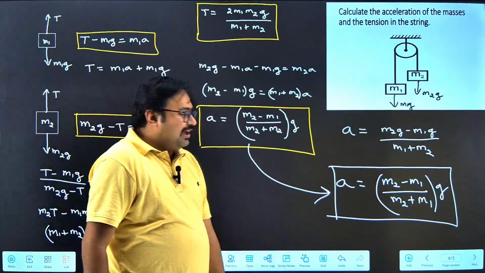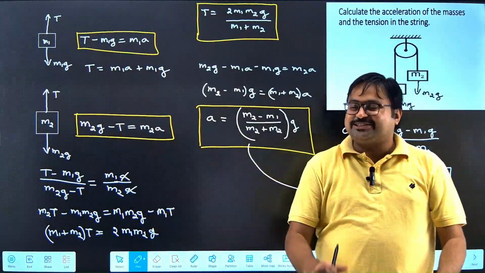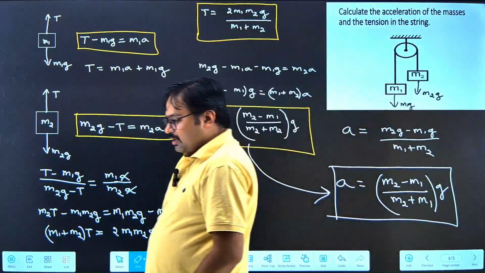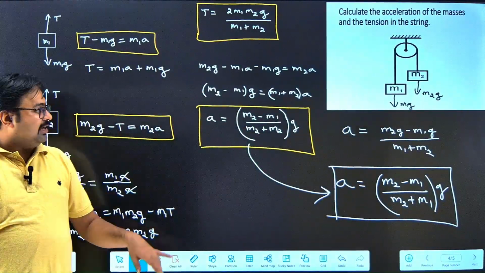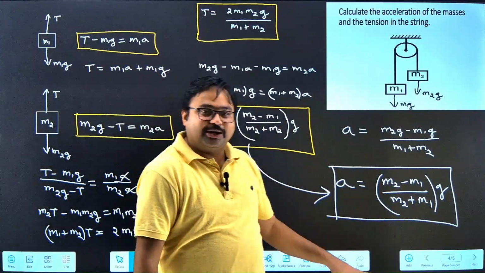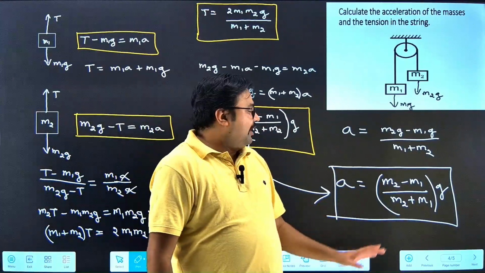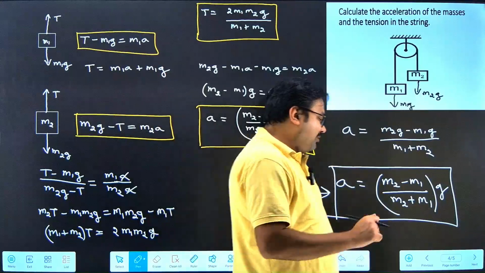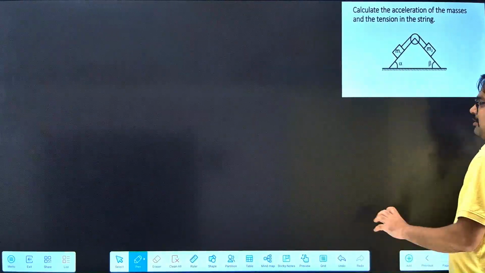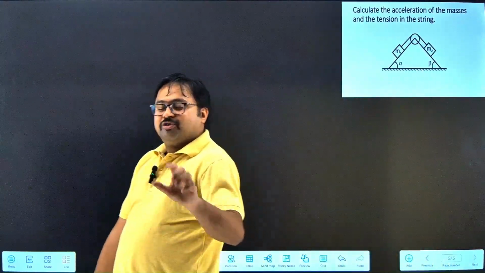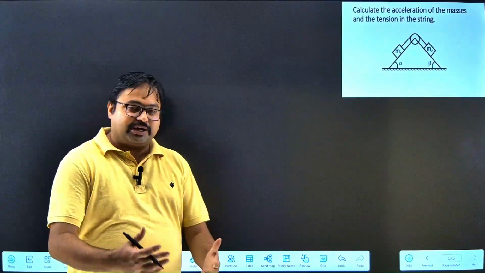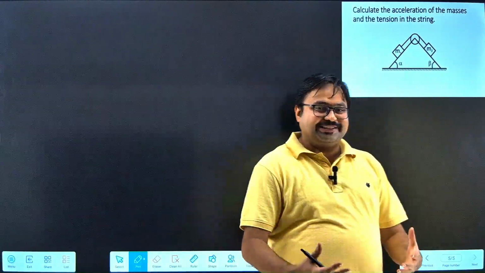Having shared this shortcut with you, if you have practiced and paused the video, tried that shortcut out, and if you have got this, then you should be enjoying by now. But anyway, going further, let's look at one last problem for this video, because I'm going to get a lot of numericals like these for you.